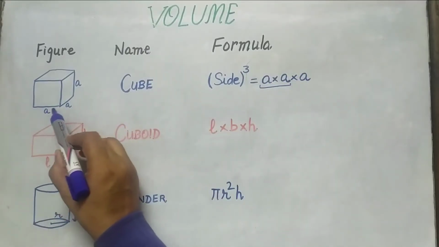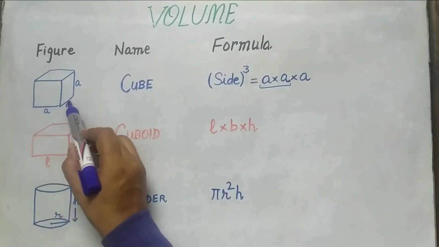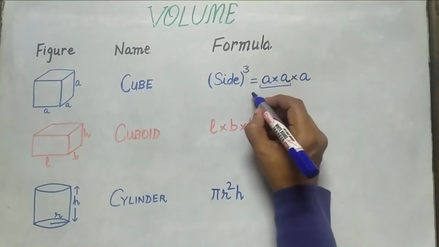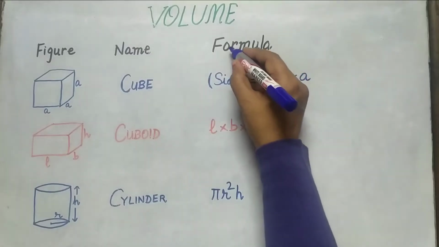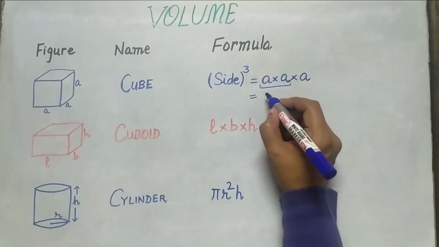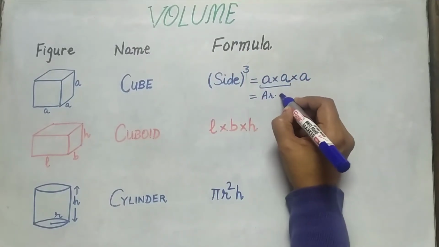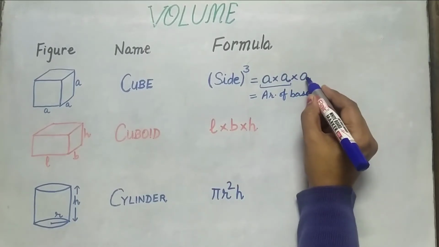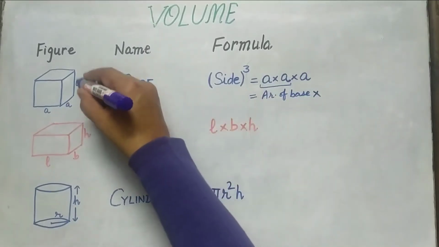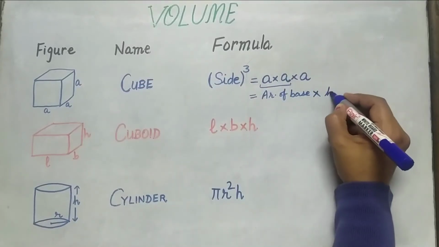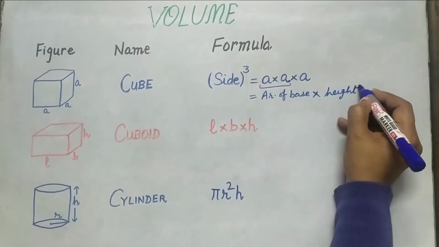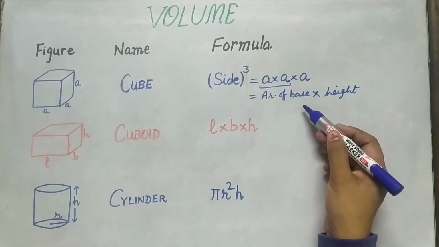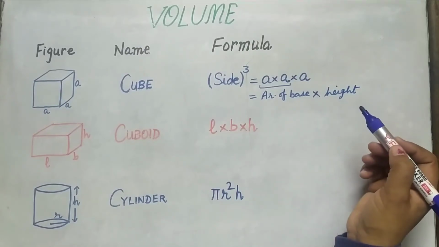It is the area of the base, which is a square shape. So we can write the formula of volume as area of base multiplied by A, the third side, the height of cube. The volume can be written as area of base into height.